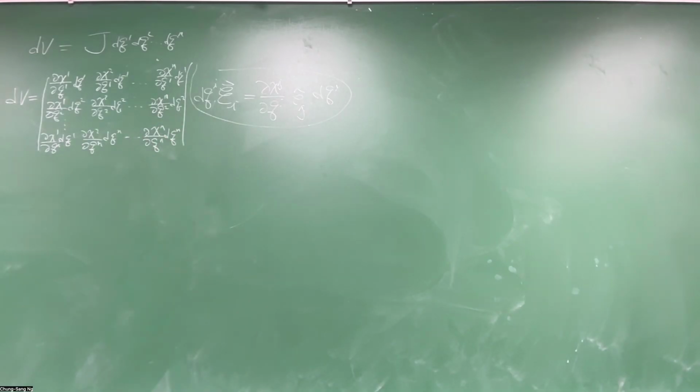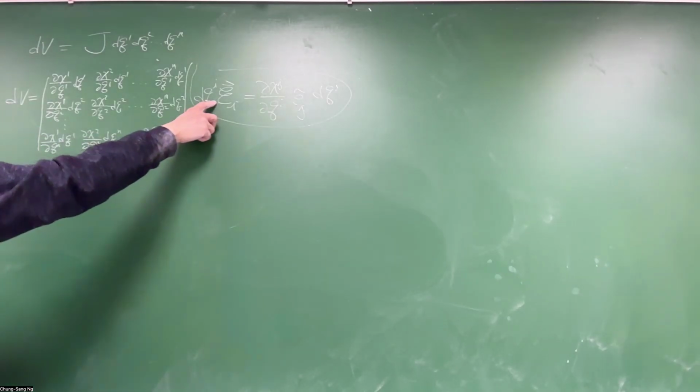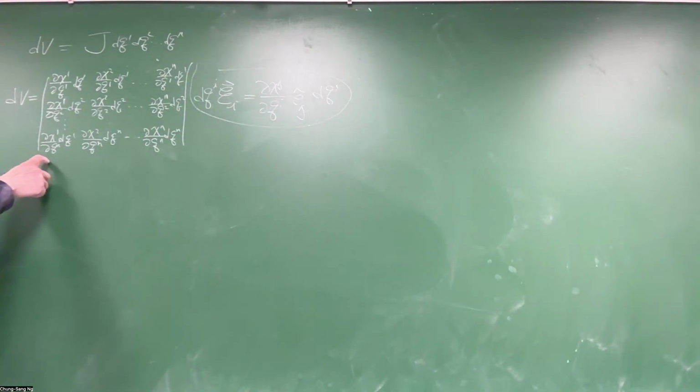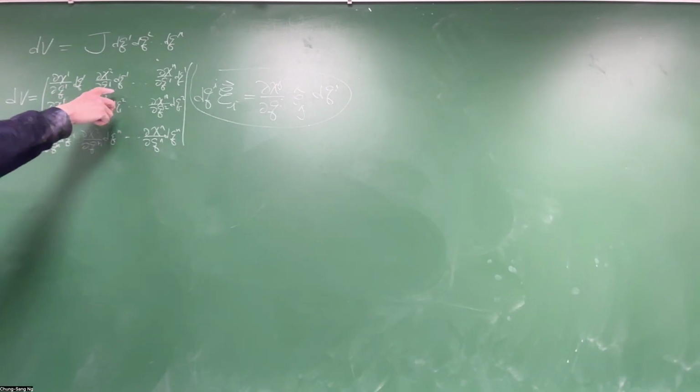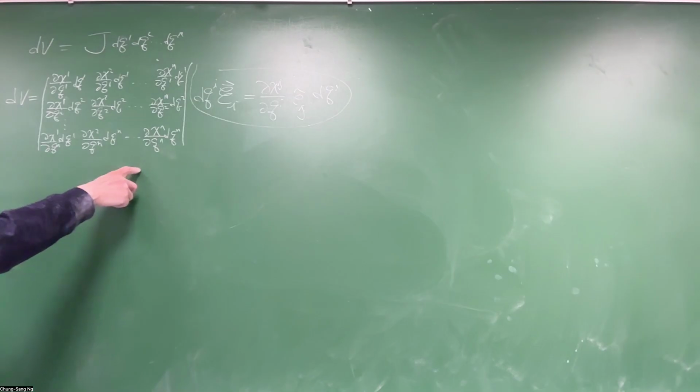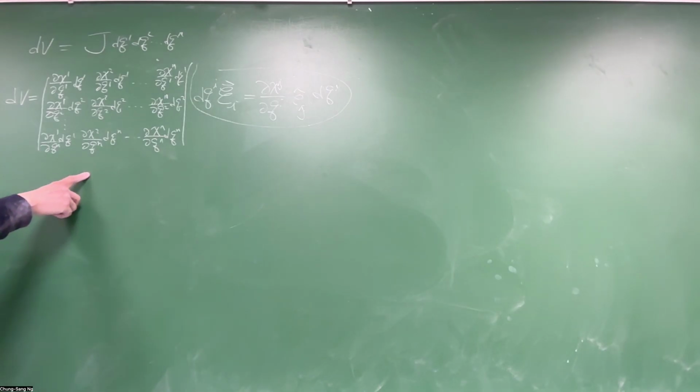Okay, according to our discussion, this will be the volume spanned by all these vectors. Now you can take all the dq out, and the rest is the determinant of this matrix, what we call the transformation matrix.